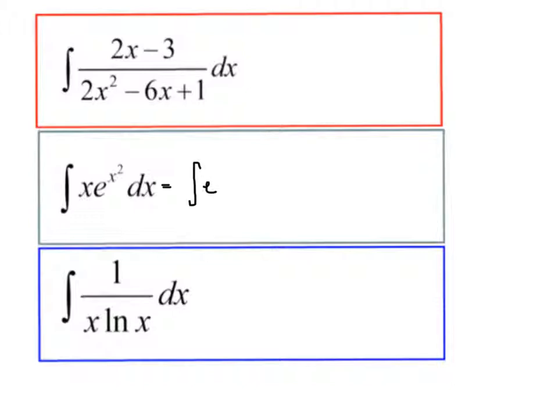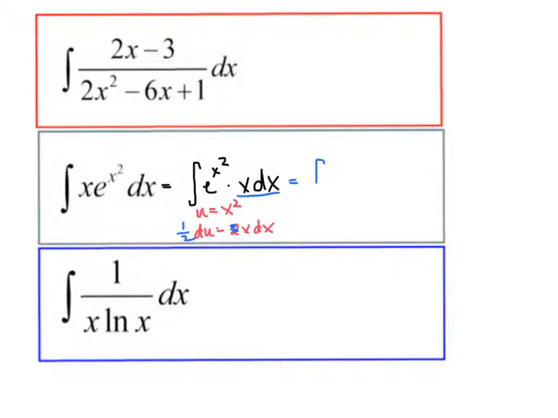Multiplication's commutative, so I can swap the order here. If I made u x squared, then du would be 2x dx. I could divide both sides by 2, and now I could replace the x dx with a 1/2 du.